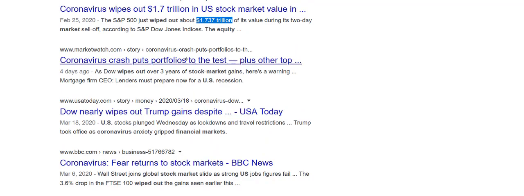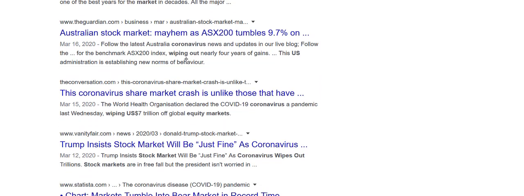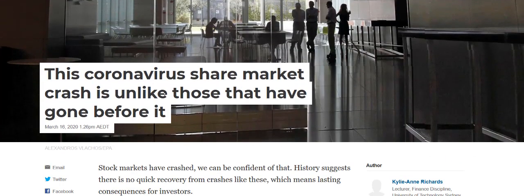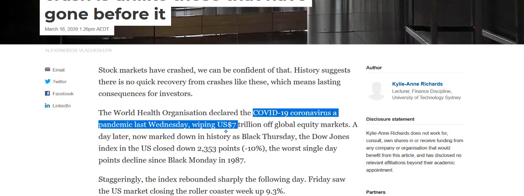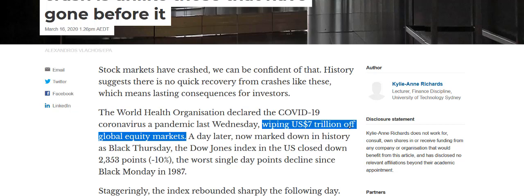So let's see if I can get something more recent. I think that's more recent. COVID-19 pandemic wiped off 7 trillion from global equity markets.